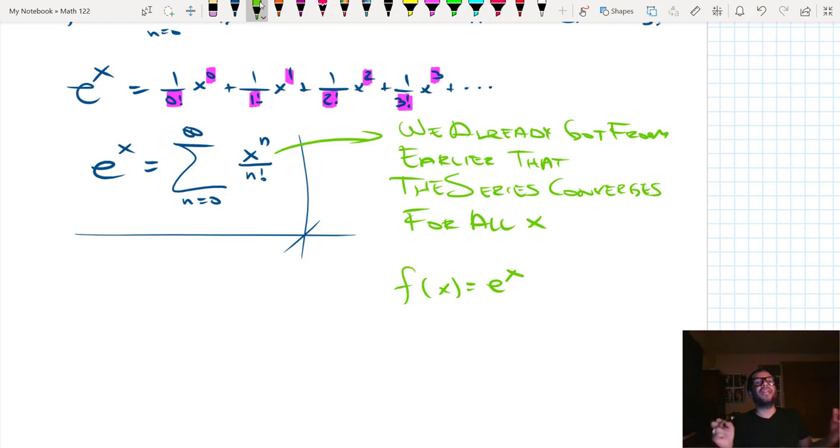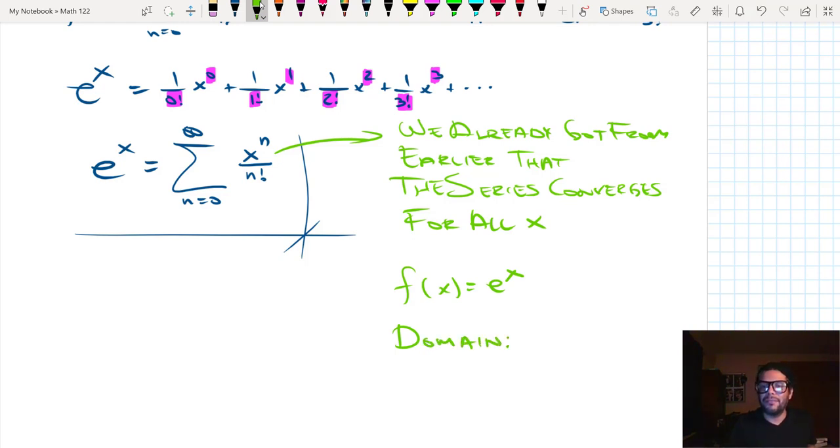Now let's connect everything that we did in this section. Back when we were defining the Taylor series, or rather the power series, we mentioned that the interval of convergence is coincident with the domain of the function. What is the domain of the function e to the x?